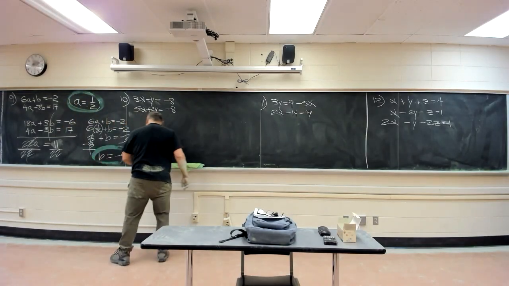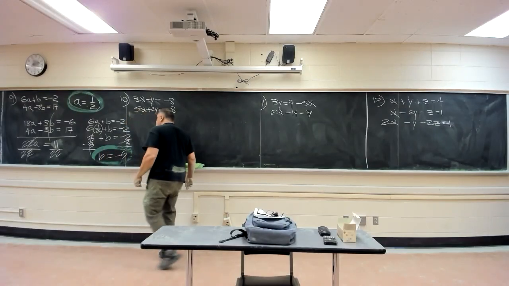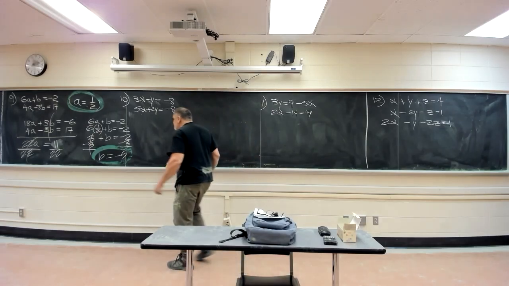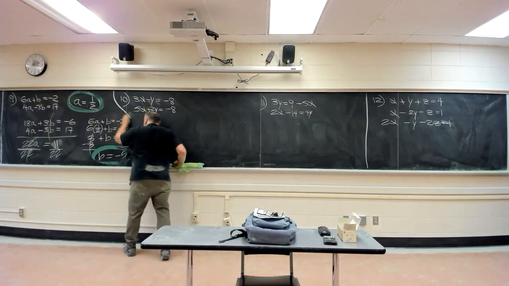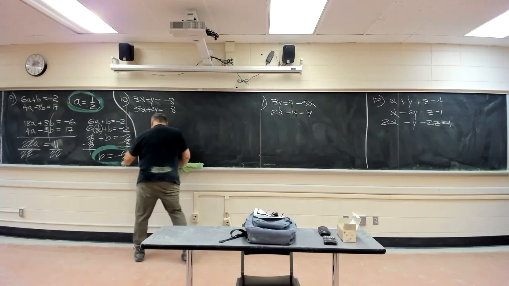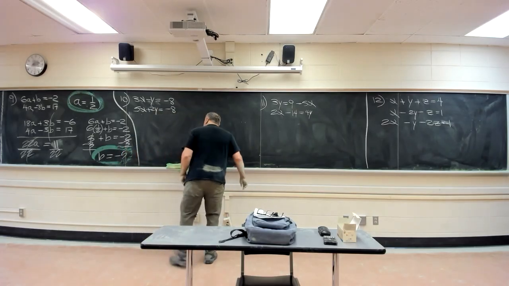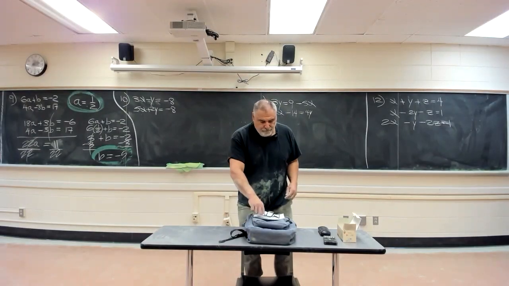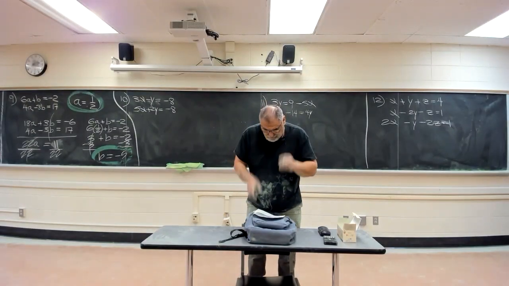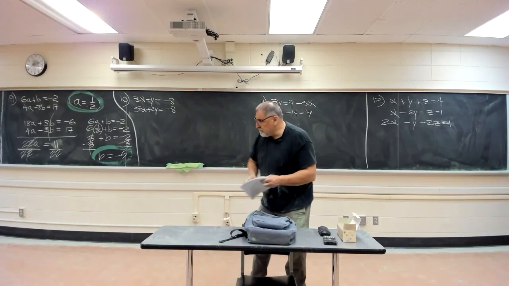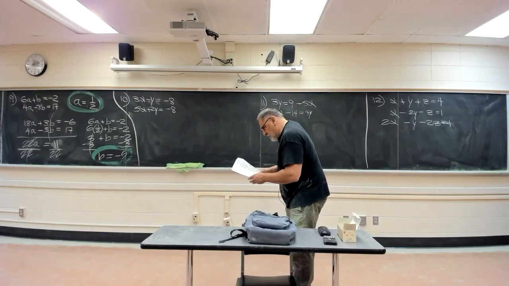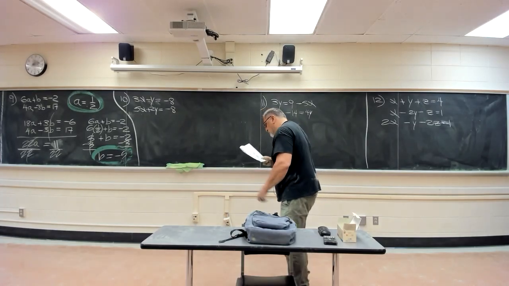Sounds good. That's the answer. A is a half, B equals negative 5.